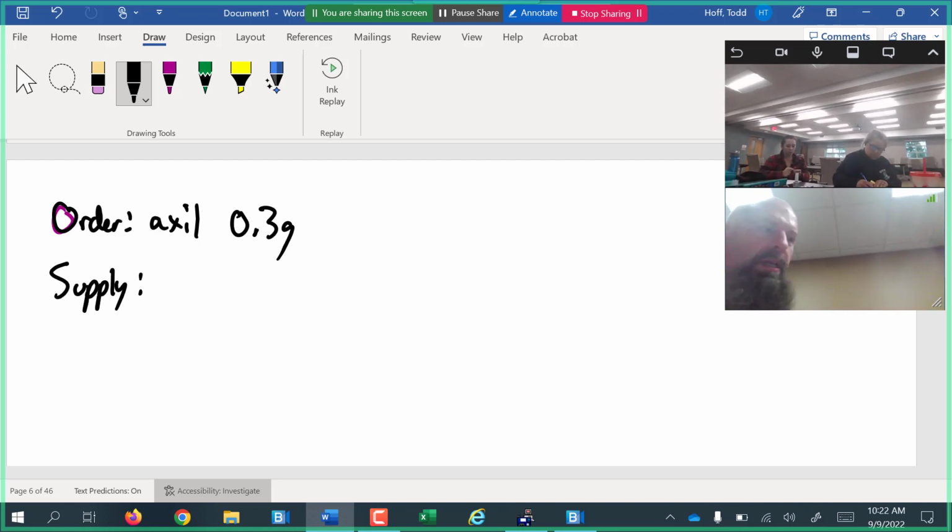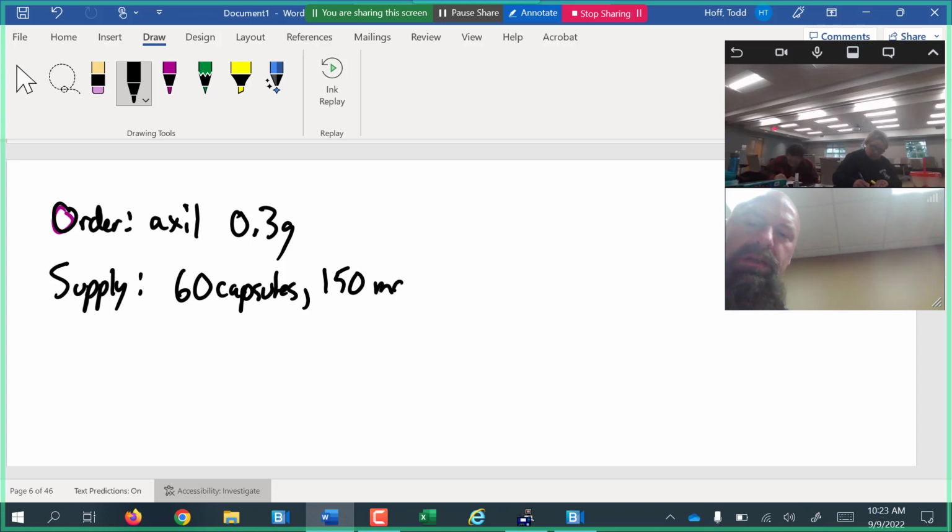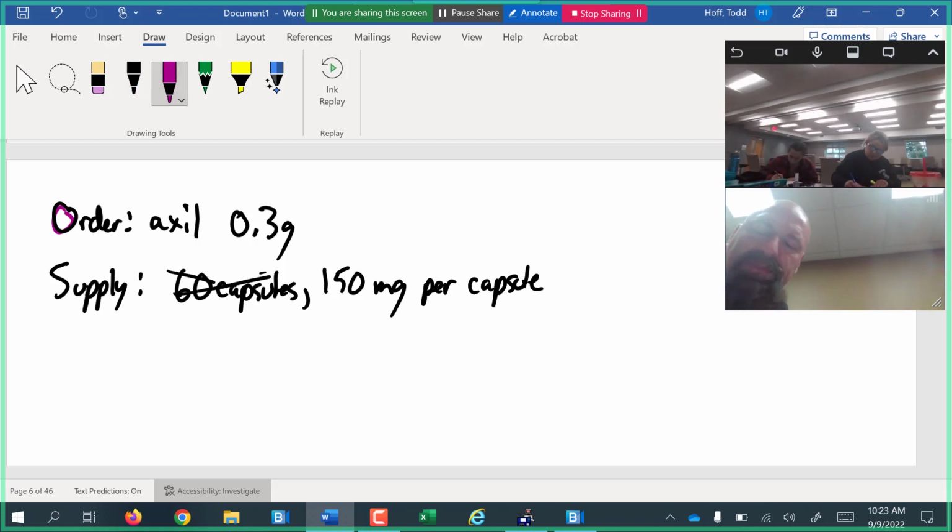And our supply is saying we have 60 capsules at 150 milligrams per capsule. So there's extra information here that we don't need. The 60 capsules really don't mean anything to us here. We're not going to use all of them.